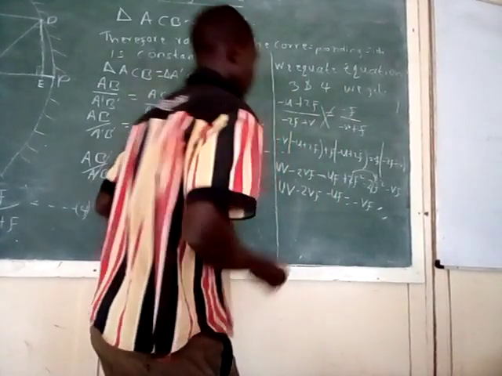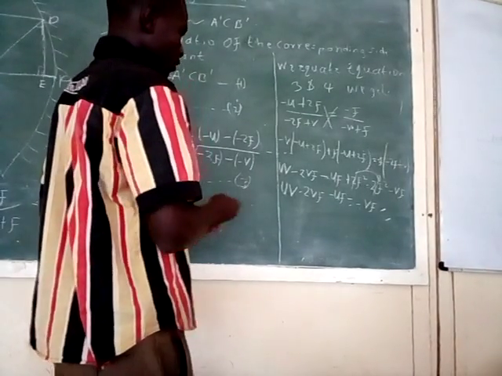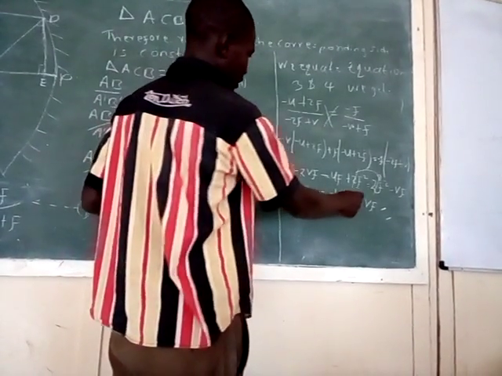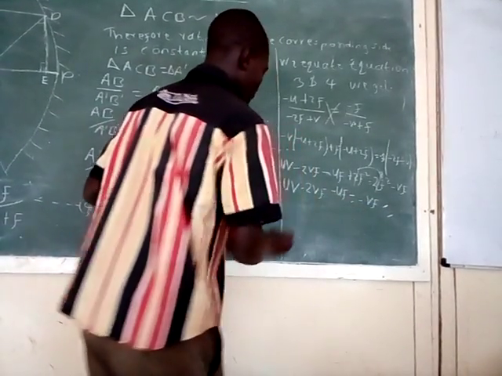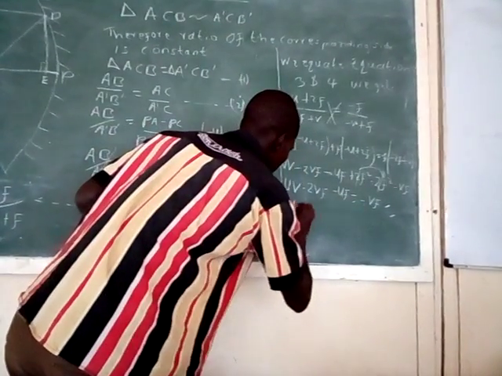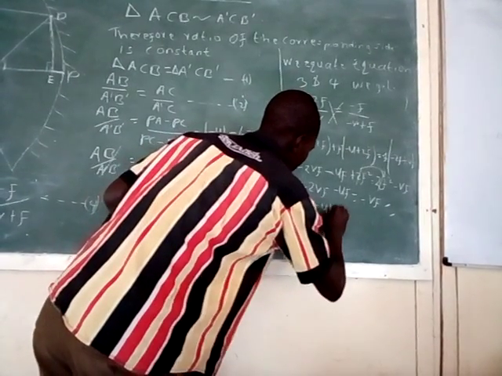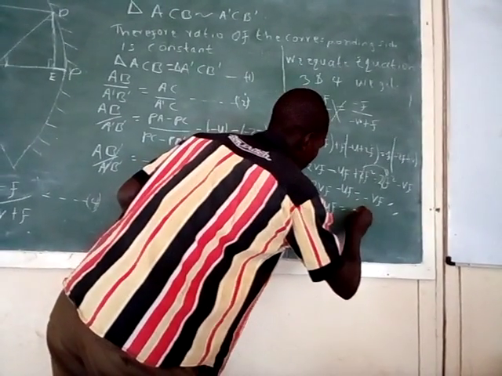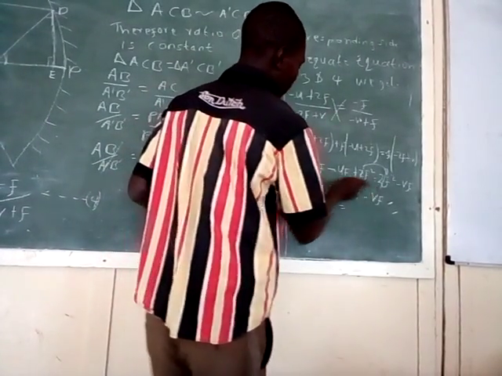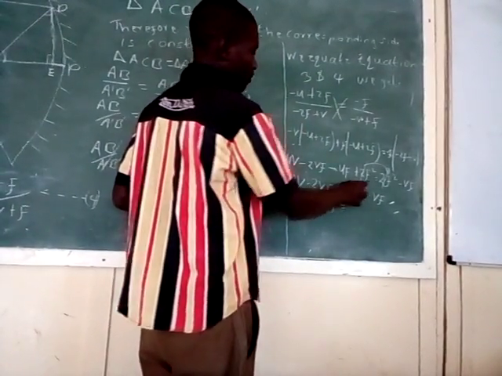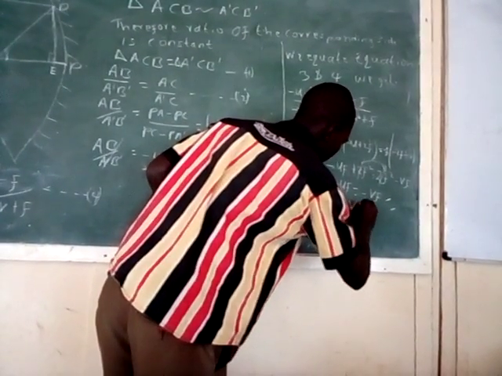Now, we have this negative BF and BF, so we can collect like terms, because these ones are the same. So we're going to have UV minus UF is equal to negative BF plus 2BF, which means negative 1 plus 2 is 1, so it is equal to BF.